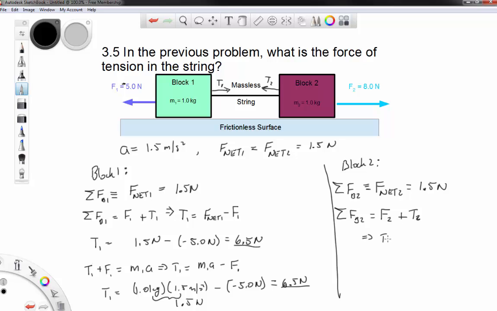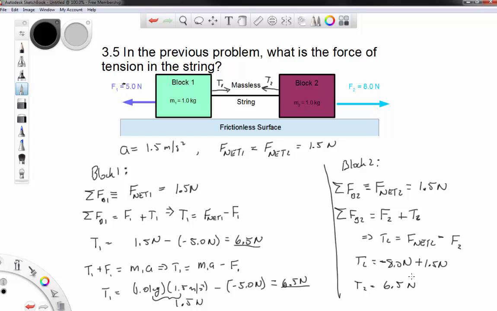So T2 should be F net 2, setting this equal to this, minus F2. So T2 should be negative 8.0 newtons plus 1.5 newtons. I'm afraid that I've switched the order of these two around. And so that means that T2 should be 6.5 newtons.